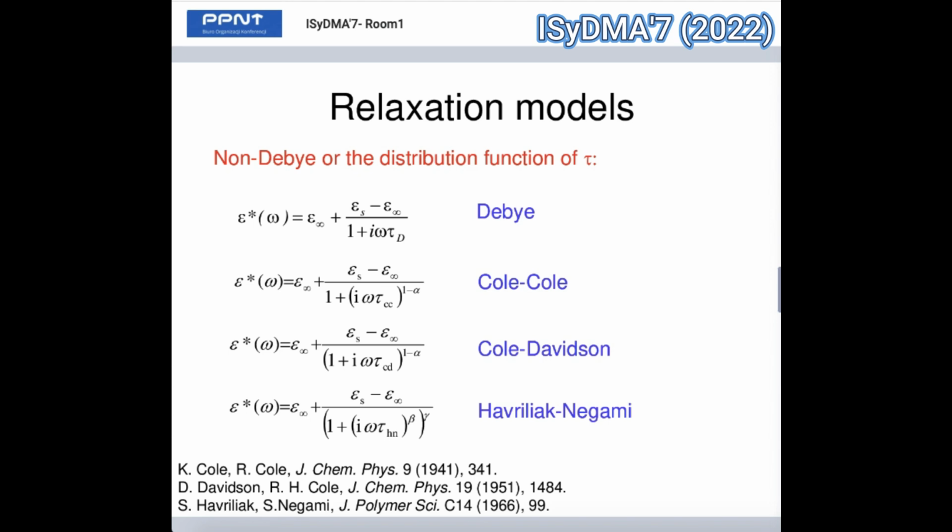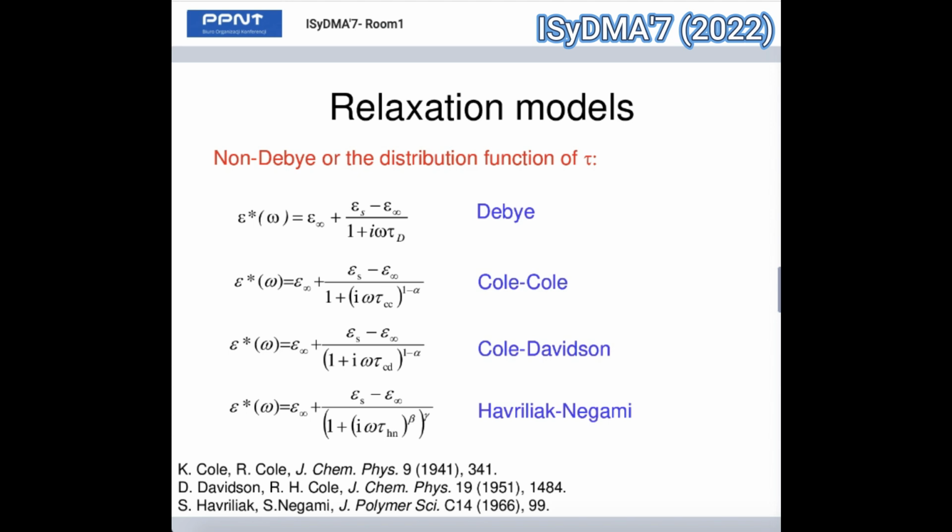We can also use the Cole-Davidson, which is more or less close to this one, but the exponent is here, 1 minus alpha. Again, in this case, if alpha is 0, we are again in the Debye model.